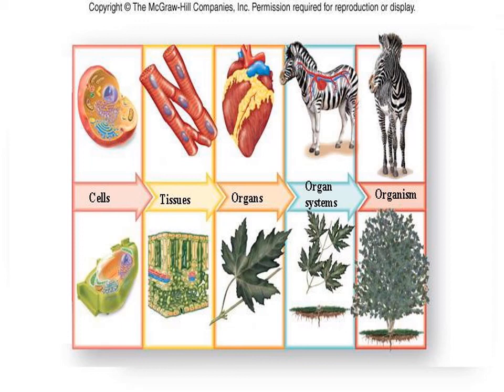The tissues then go together to make organs. Organs go together to make organ systems, and organ systems clump together, make up the actual organism. So you can see the top row is for animals, the bottom row is for plants. So there are different cells in plants and animals, and we're going to really be studying that in detail starting next week.